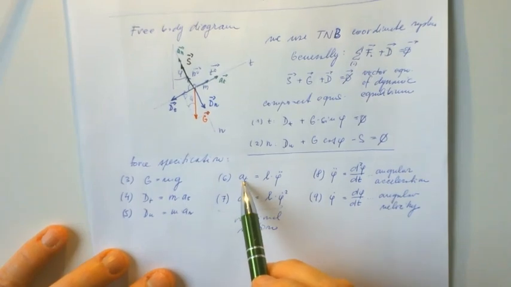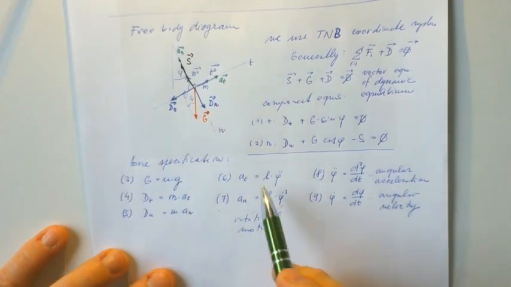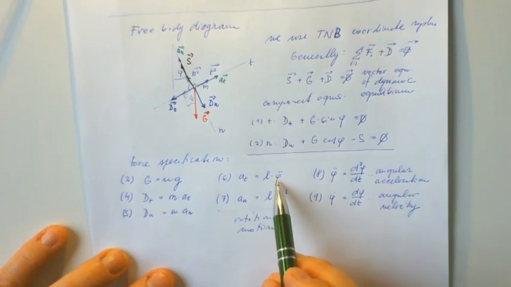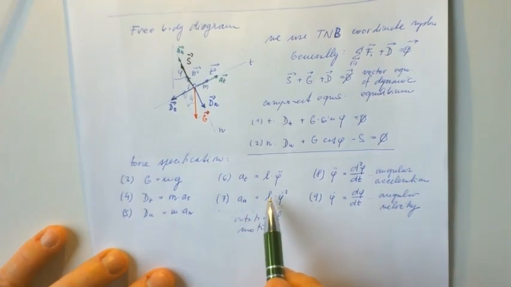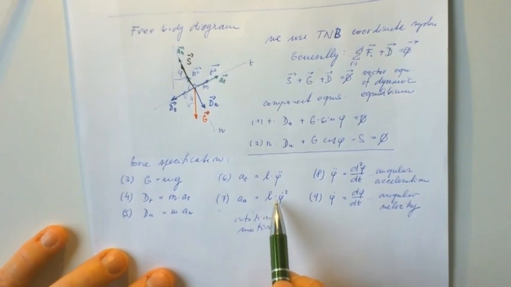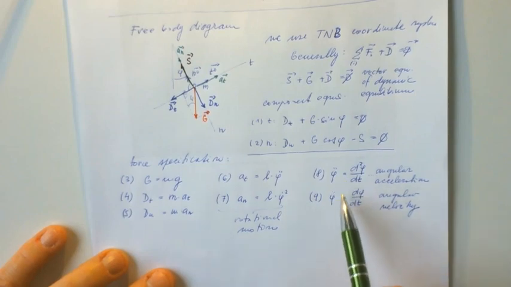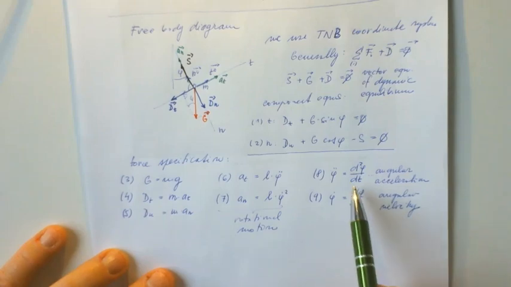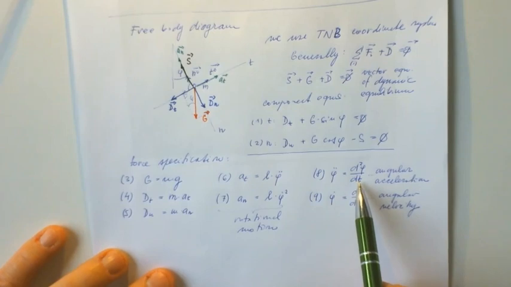Calculation of tangent acceleration of rotational motion, I think you know, it's L, its diameter, by angular acceleration, phi with two dots. And normal acceleration of rotational motion is L by square of angular velocity, where angular velocity is first derivative of phi with respect to time, and angular acceleration is second derivative of phi with respect to time.